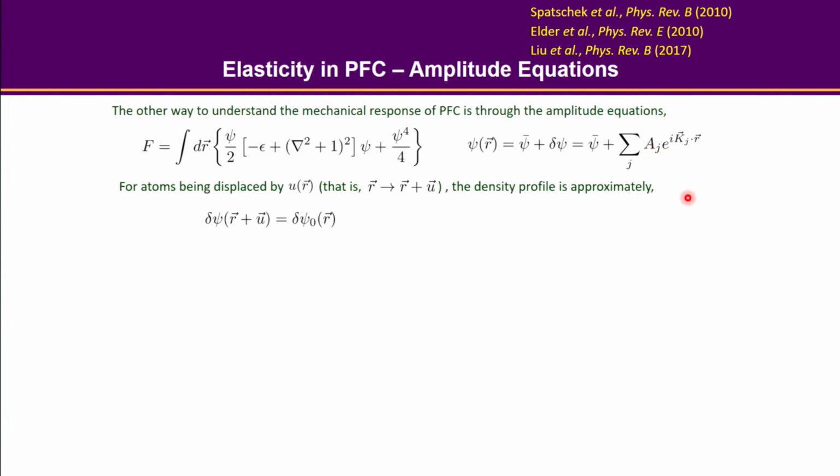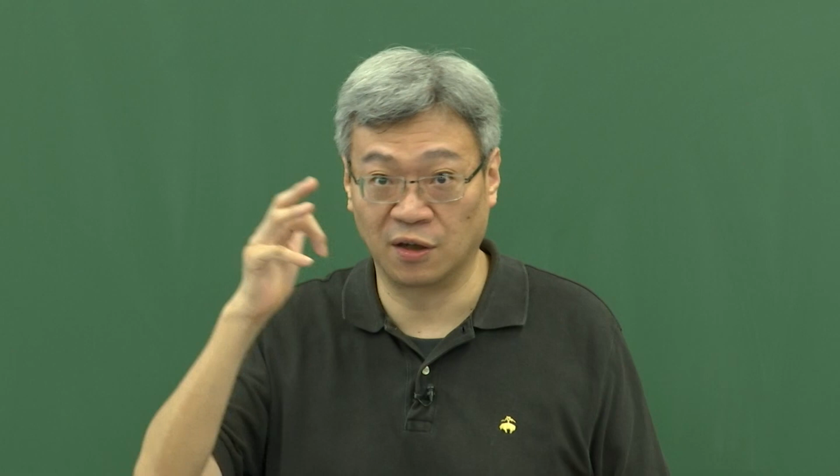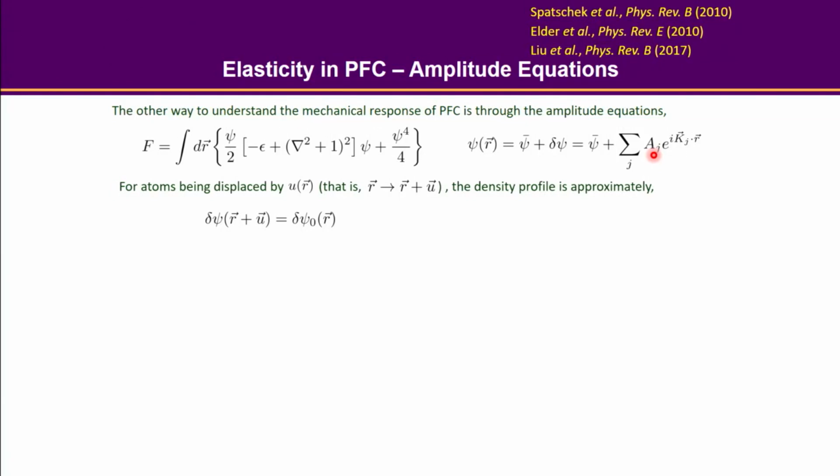I can write this phi, for example, in terms of exponential i delta k dot r, because that phase is going to change as a function of space. Since that phase will change in space, I'm expecting delta k will not be 0, but will be something across the space. That would describe local lattice distortion just using the phase of the amplitude.